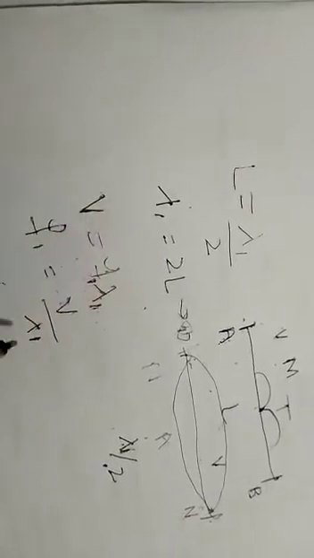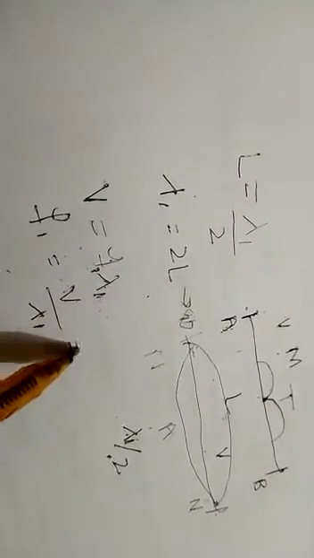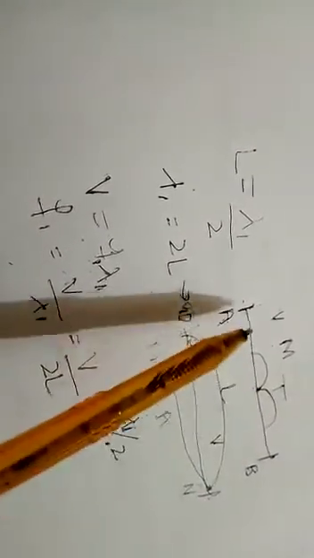Here we have the value of lambda 1, that is equal to 2L. So this frequency becomes v divided by 2 times L. This is the first frequency we generate inside a clamped string.